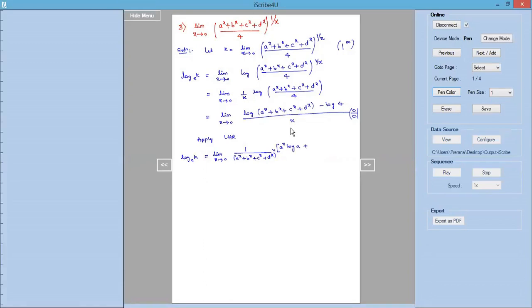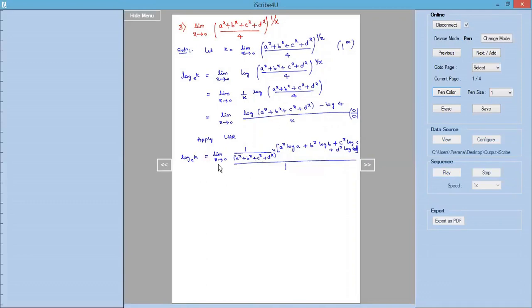Similarly, b power x into log b plus c power x into log c plus d power x into log d. And differentiation of log 4 is 0, it is a constant. The whole divided by differentiation of x, which is 1. We differentiated numerator and denominator separately.